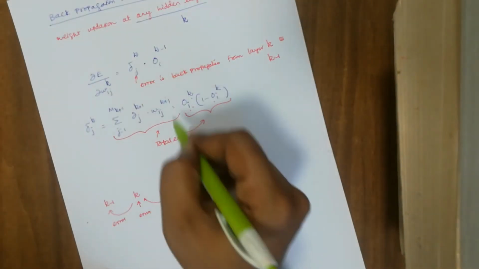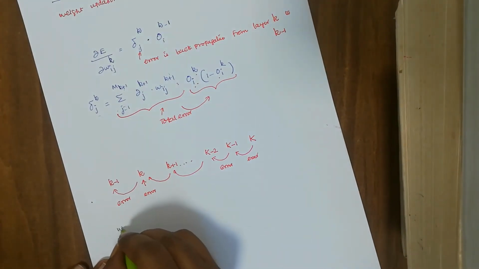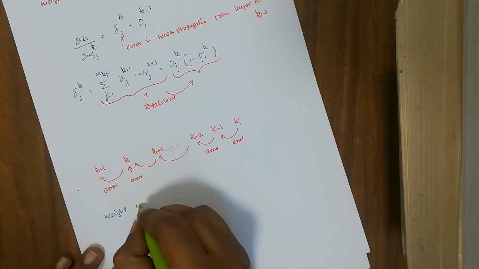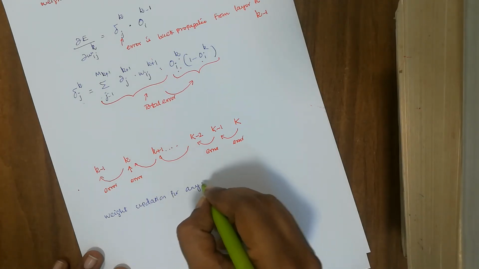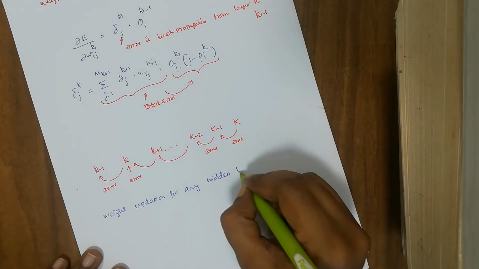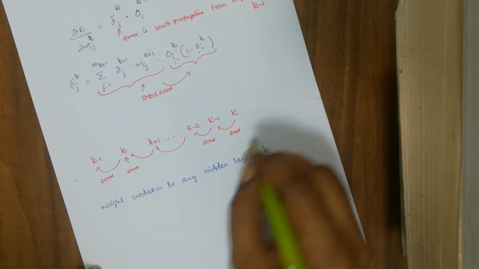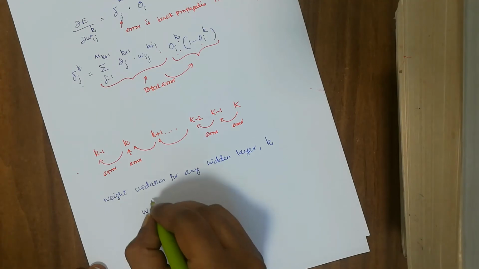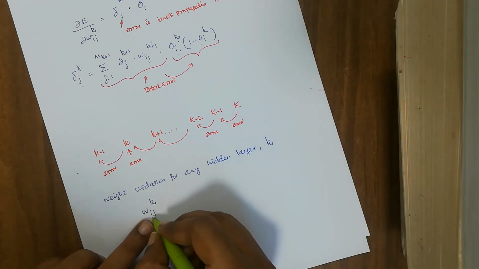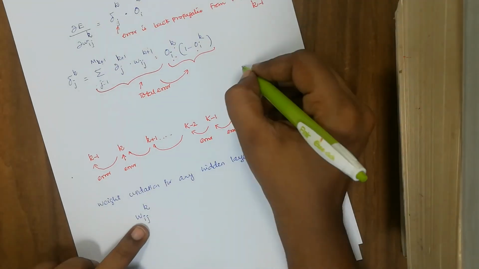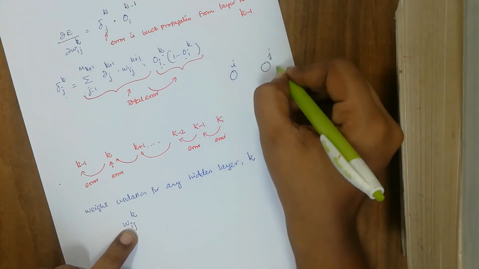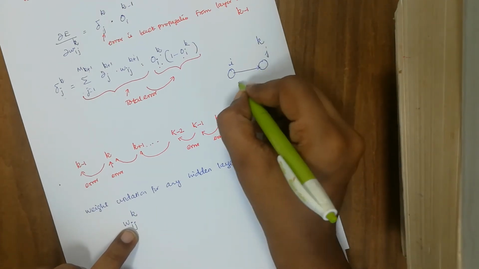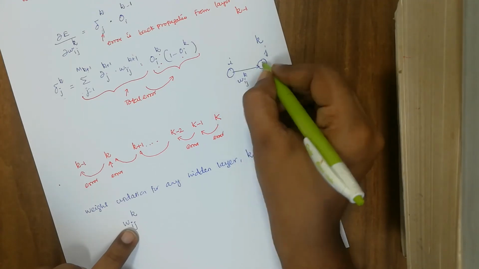So considering this for any k, the last step is to update the weight. The weight updation for any hidden layer, represented as small k, is as follows. Wij k: what is ij? It is node i and node j, at the kth layer, a weight wij which gets connected to the next layer.